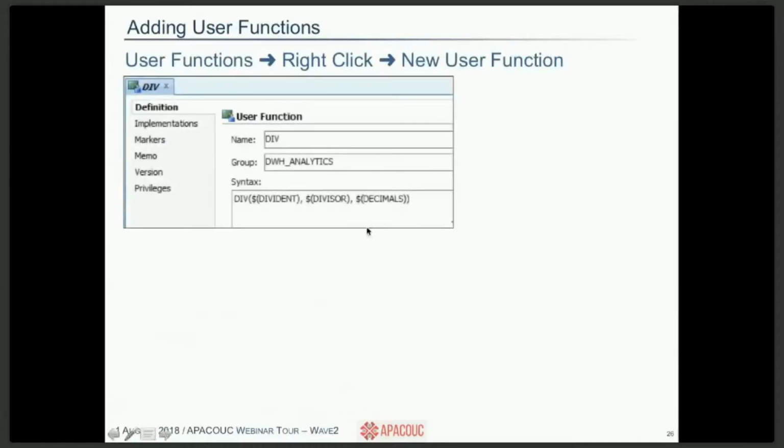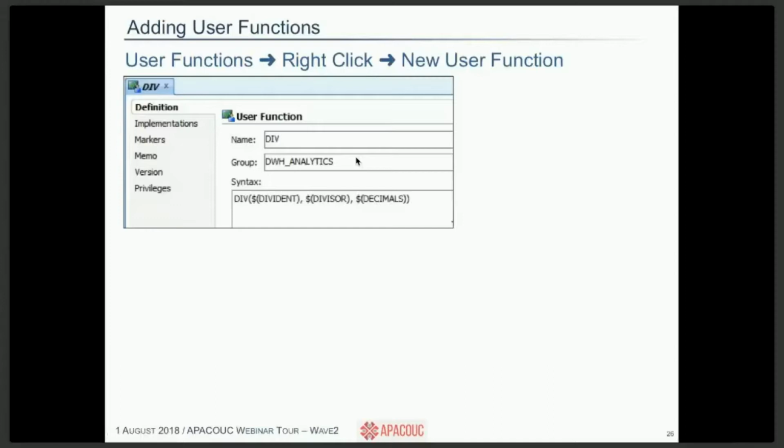The second option to add a user function is to go to the user functions, right click and add a new user function. This time I'm using a little bit more complicated one, where the name of the function is div.